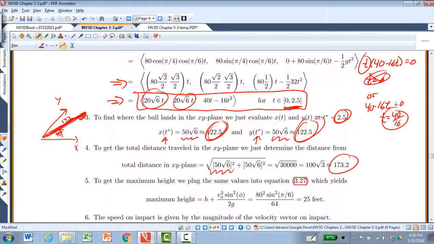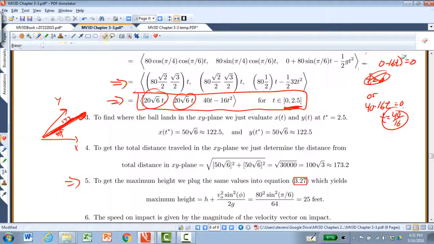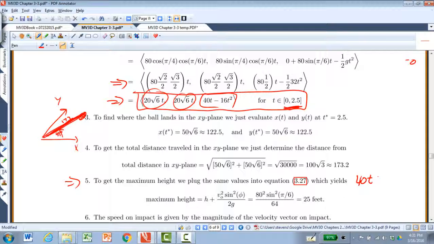The maximum height, getting the time of that maximum height is actually the way I would do it. In the book here, I use the formula. But it's just as easy to derive that formula. If you look at the height function, which is 40t minus 16t squared, that's my height.